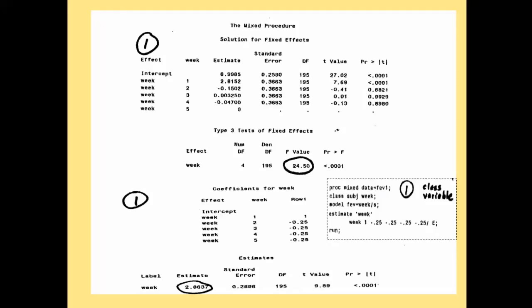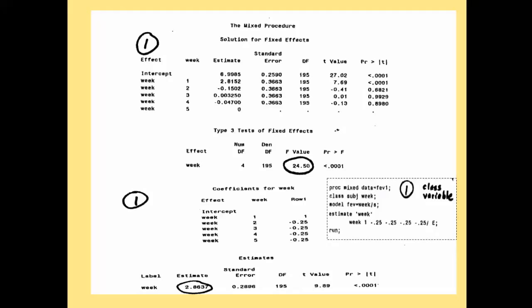And so 24.50 is an F statistic for testing what's the null hypothesis. What's the null hypothesis being tested? That the 5 mean FEV scores over all 40 subjects are all equal. You've got average FEV, and you're saying what they average is that's what you're testing.